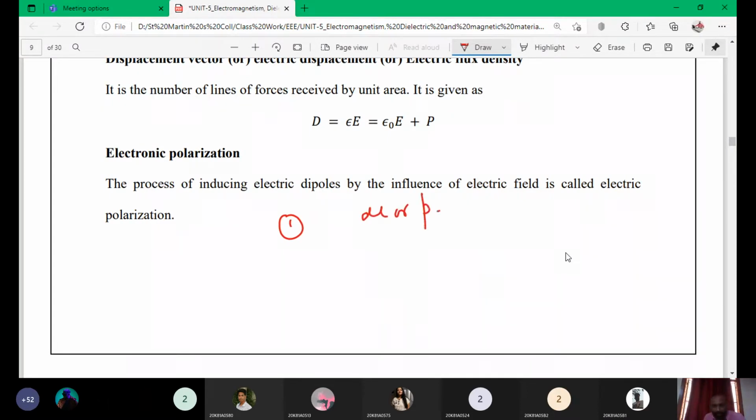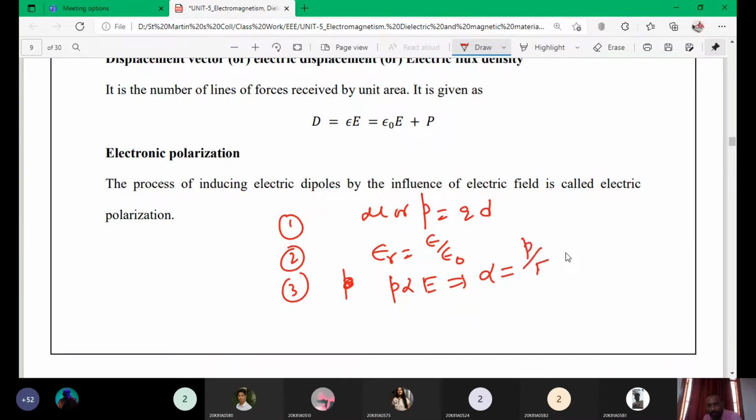First one, dipole moment, mu or small p, is equal to q into d. Second one, dielectric constant, epsilon by epsilon naught. Third one, polarizability: the dipole moment is proportional to the electric field, and from there you derive the ratio small p by E, dipole moment per electric field.